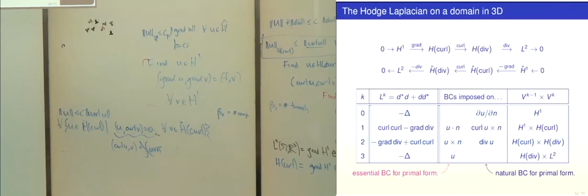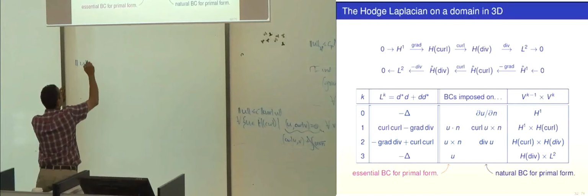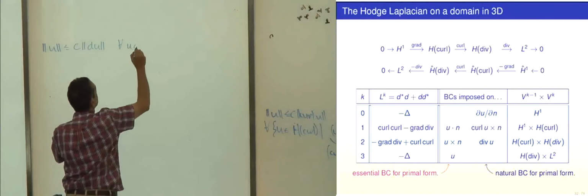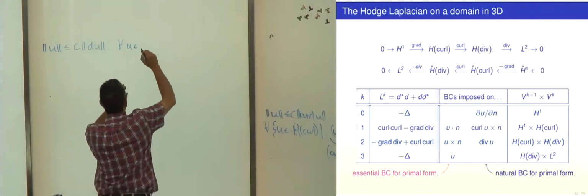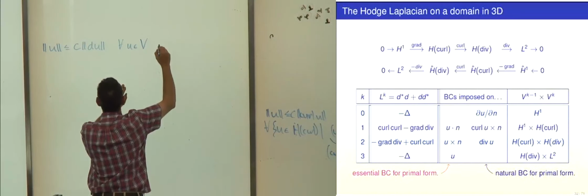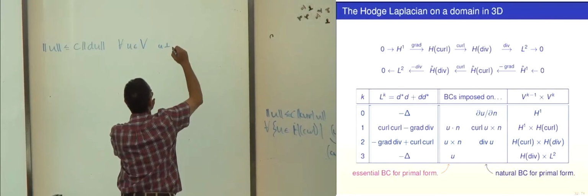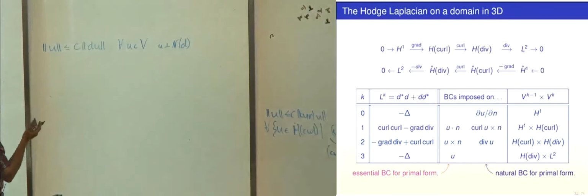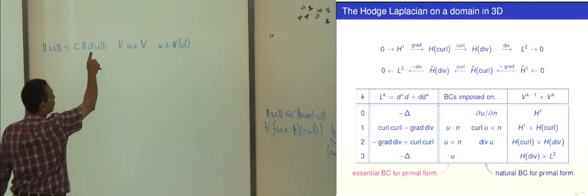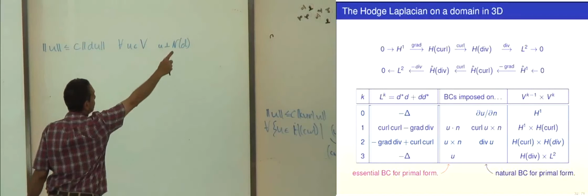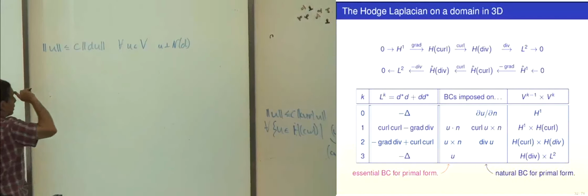So let's start here. U is less than a constant times du for all U in the domain of D such that U is orthogonal to the null space of D. That's the statement which is trivially true because D is a one-to-one closed range operator from the orthogonal complement of the null space of D. So that's certainly true.